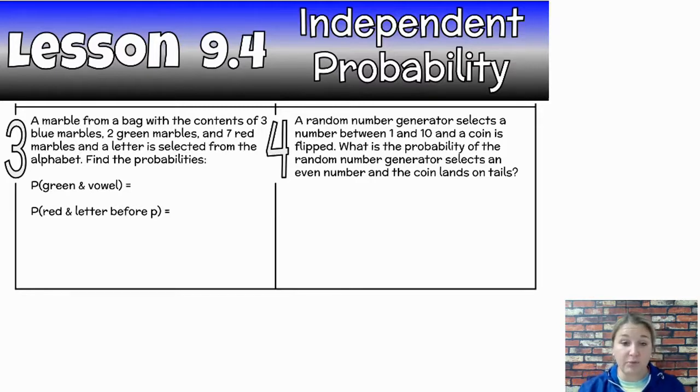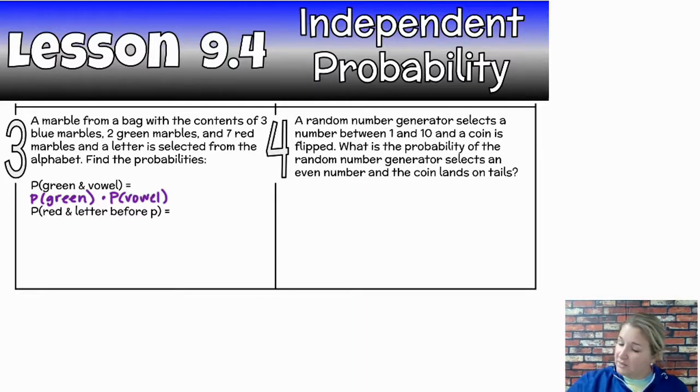All right, let's look at example 3 here. We have a marble from a bag that has 3 blue, 2 green, and 7 red, and a letter is selected from the alphabet. This goes back to 9.1 when we talked about the alphabet. We are going to try to find the probability of green and a vowel. So I want to take the probability that the marble I draw is green times the probability that I randomly select a vowel from the alphabet.